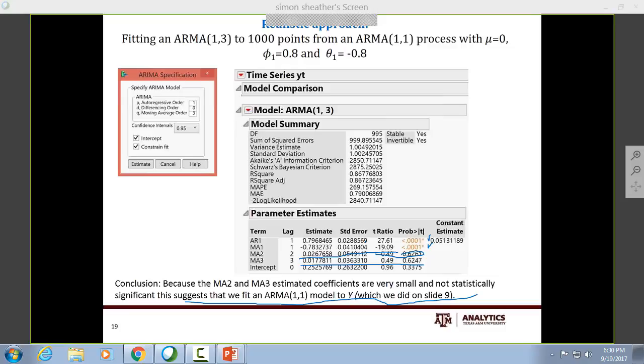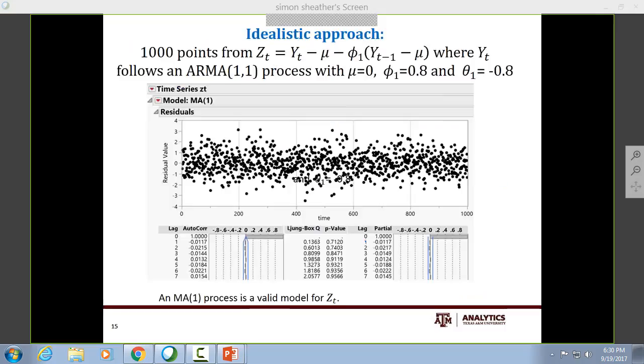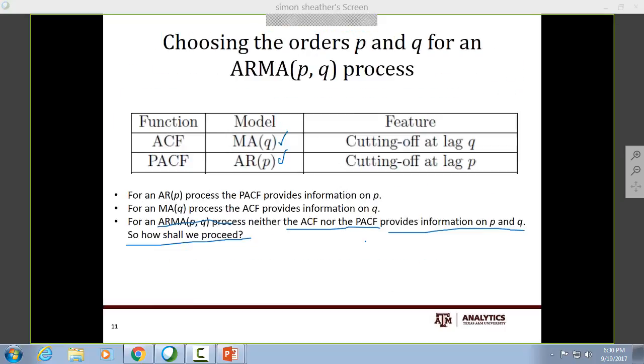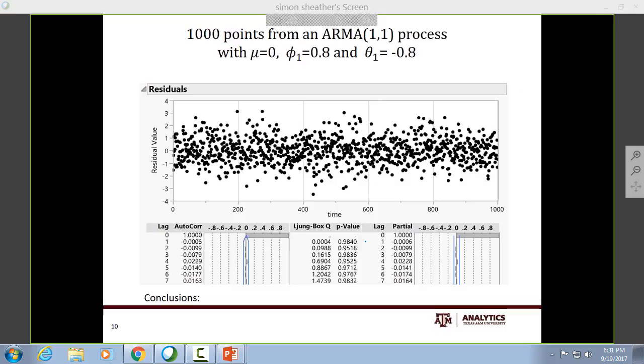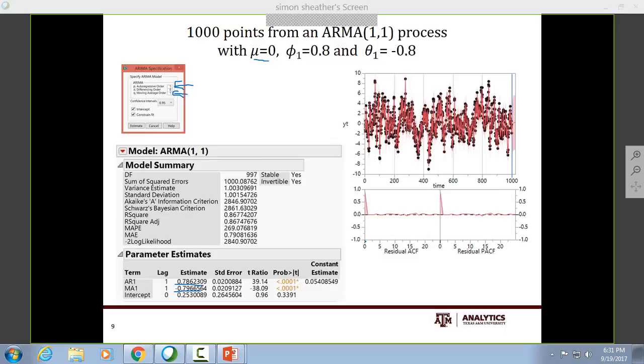And if you go back to slide 9, we already fit that and found it's a valid model. So this all depends on making guesses for the AR part and then estimating the MA part. That's what we did.